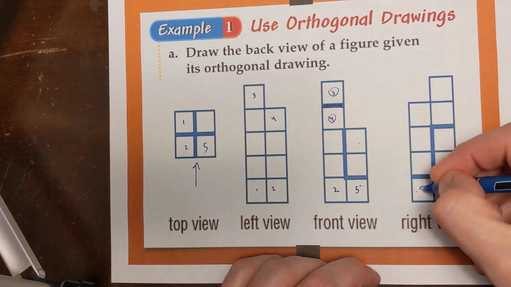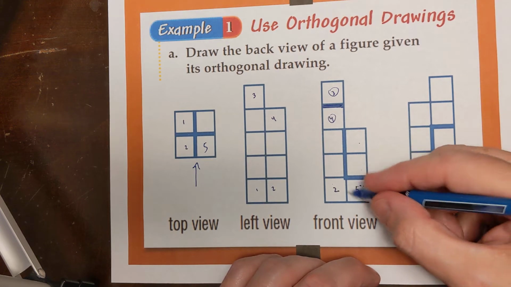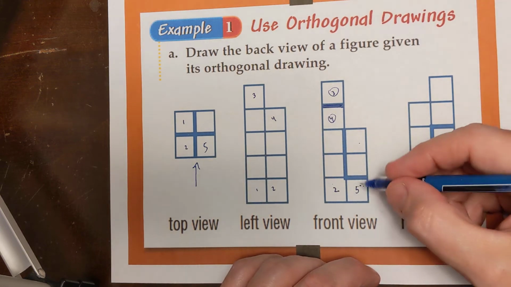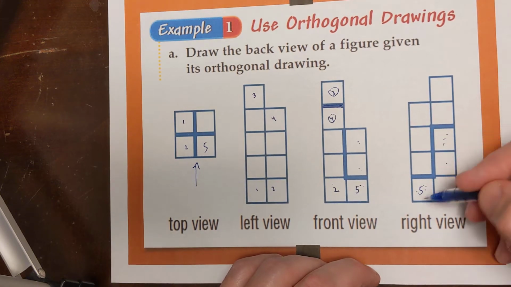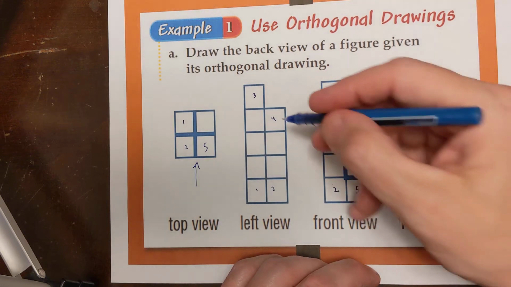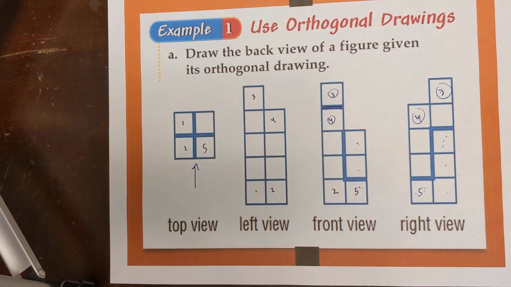This 5 is now looking at it from the right side of the object. So the front here is only 1, but there's 1, 2, 3 behind it. And looking at it from this side, since these are shorter, I can see the 4 and the 5 of the previous.